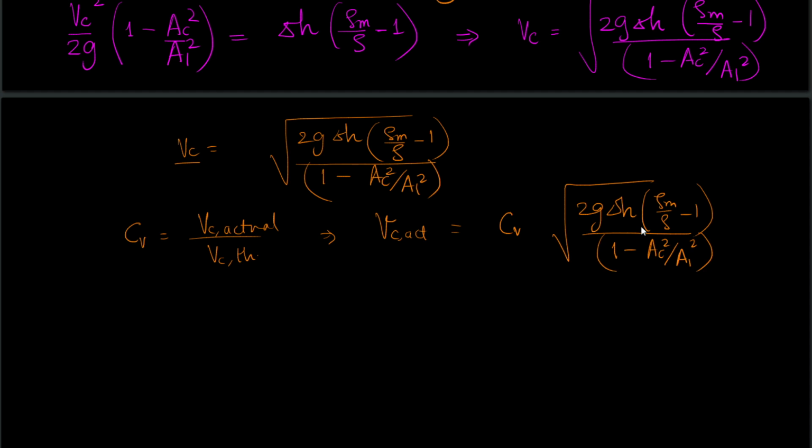Now the second task is to write down the entire set of expressions in terms of the orifice area, that is A naught. The fact is we have found the expression for the velocity in terms of the area of the vena contracta, which may or may not be known. Usually it will not be known. So another way of empirically accounting for the fact that the area at the vena contracta will be different from the area at the orifice is through a coefficient of contraction.